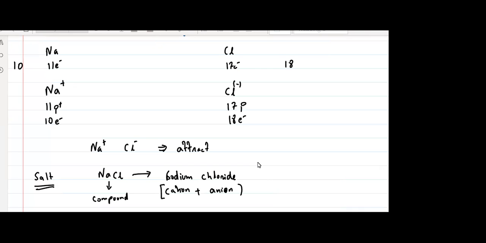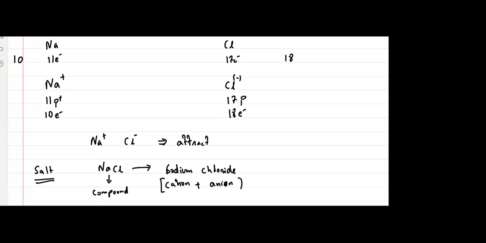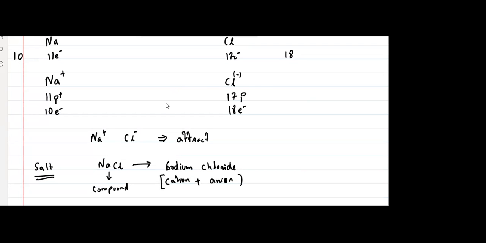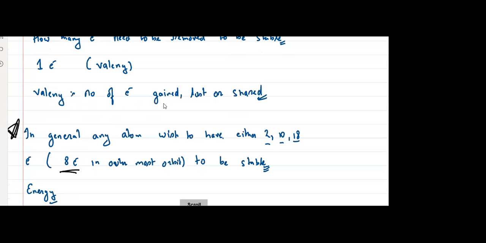Any atom loses electrons, gains electrons, or shares electrons to achieve stability, that is, either 2 or 8 or 18 electrons in the outermost orbit to be stable. Got it? Everyone got this?